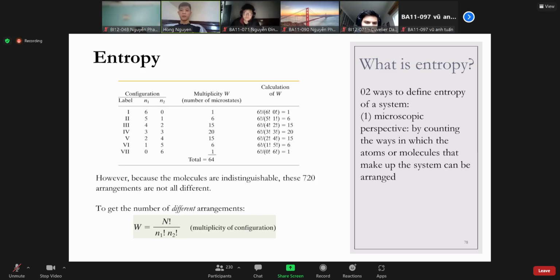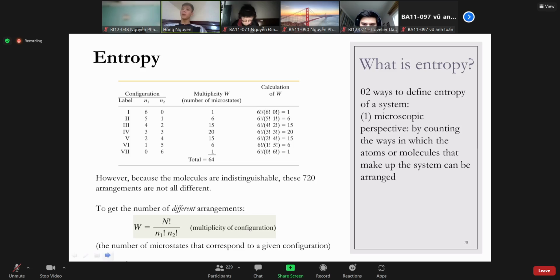We have one more formula to calculate the multiplicity of configuration. So this is also the number of microstates that correspond to a given configuration. So this is the formula, okay? To calculate the multiplicity of configuration, which is exactly the number of microstates of our system of 6 molecules.